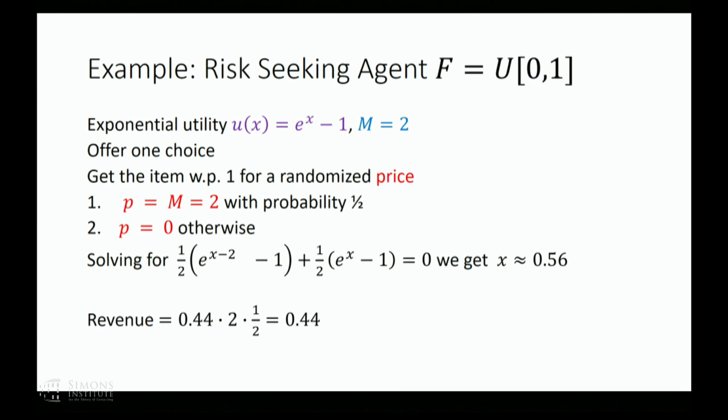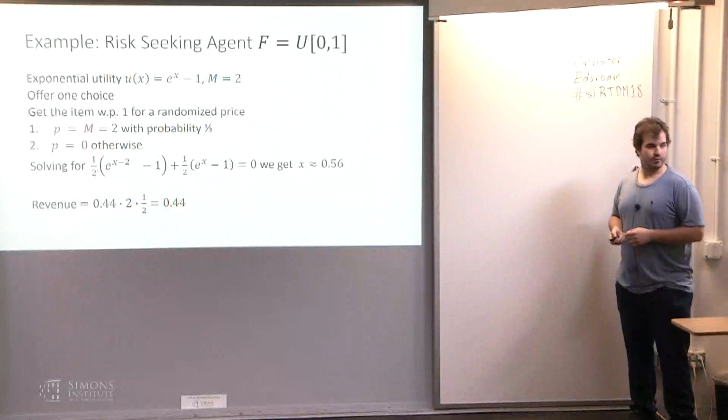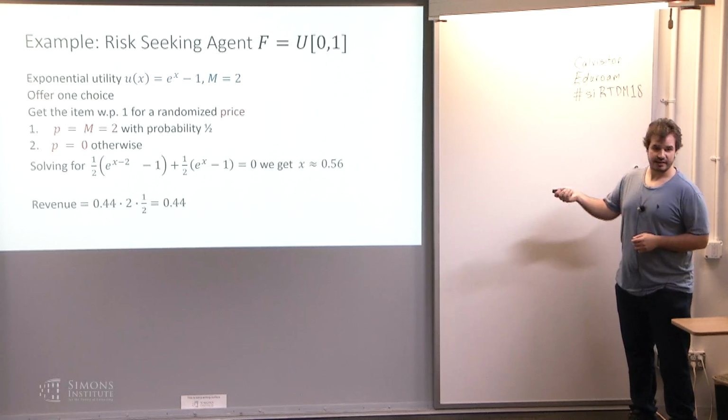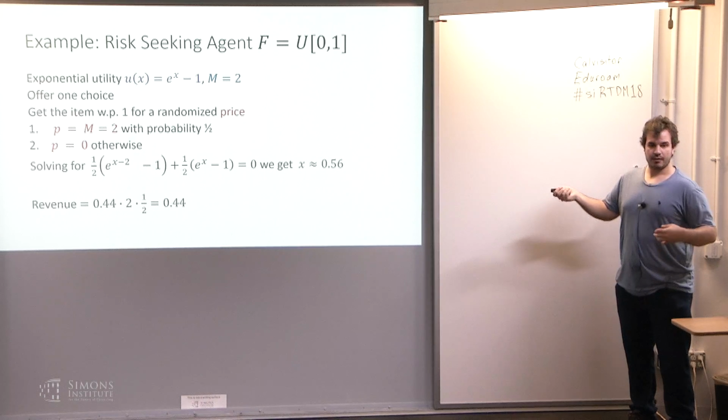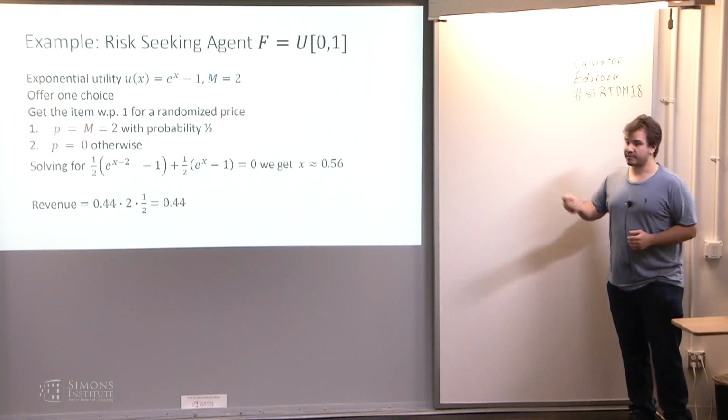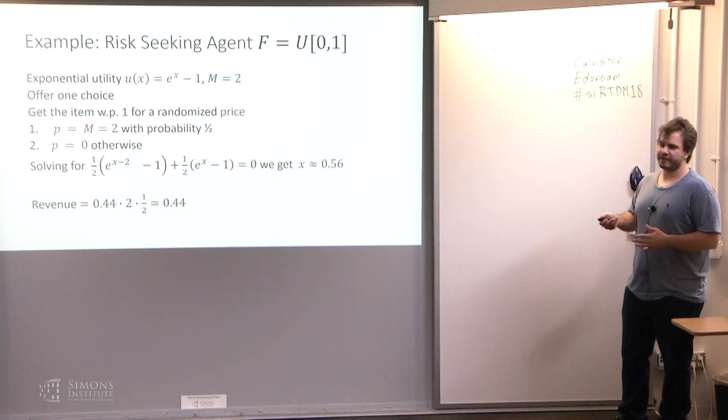You get actually revenue of 0.44, which is significantly more than 0.25. So what we show here is that without adding an extra option, by just editing the single take it or leave it offer, adding randomness, we actually managed to improve the revenue in the presence of a risk-seeking agent.